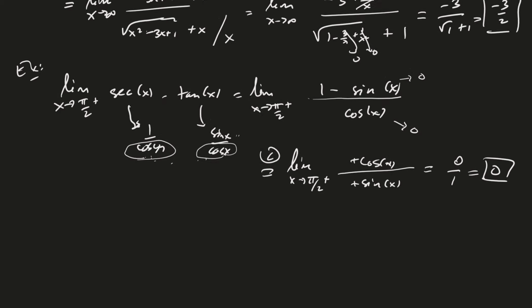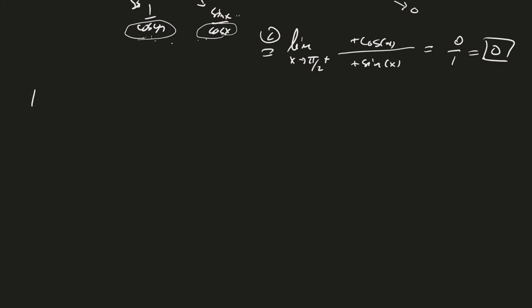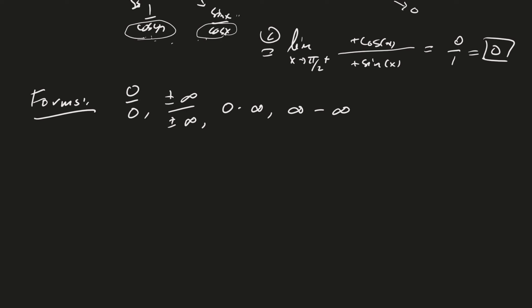So the indeterminate forms we've been working with so far have been 0 over 0, plus or minus infinity over plus or minus infinity, 0 times infinity, and this last one was infinity minus infinity.